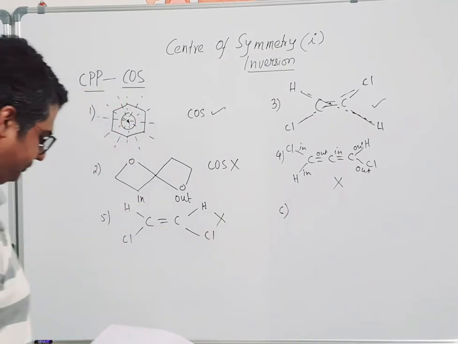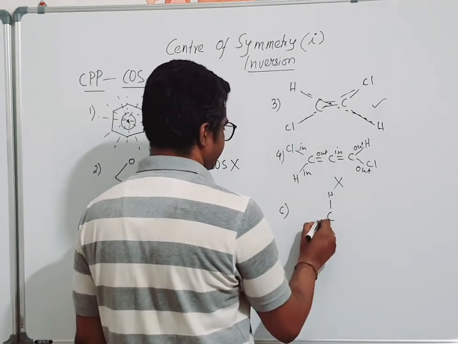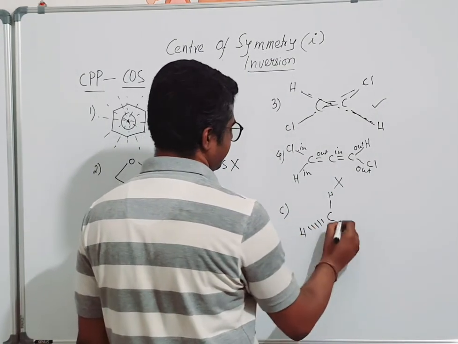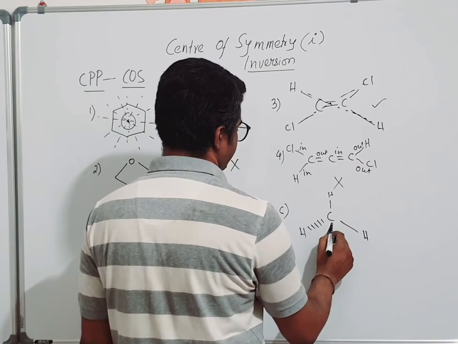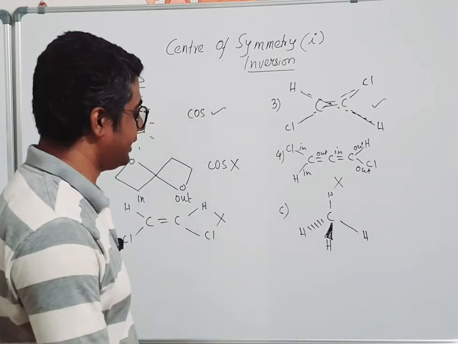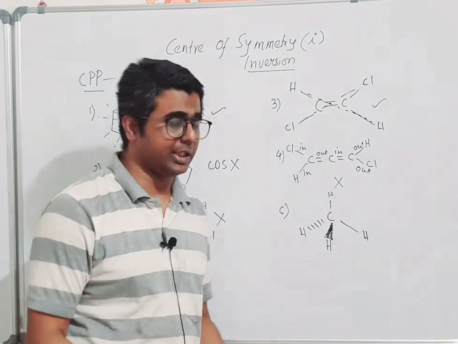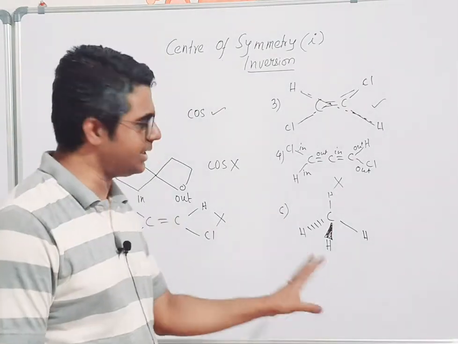Next. Okay, this is a nice molecule, methane. We have already checked in our last class, in our plane of symmetry class, that a plane of symmetry is there in methane, but is there any center of symmetry?